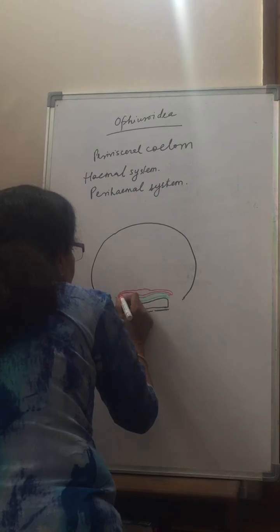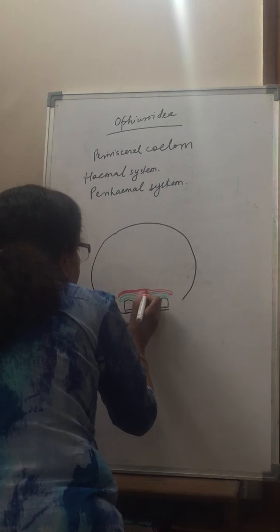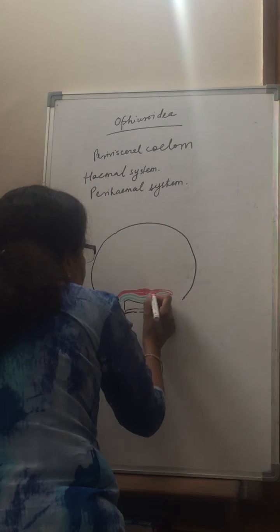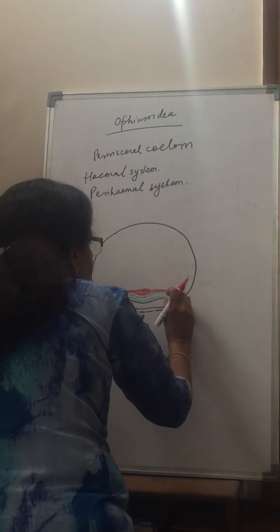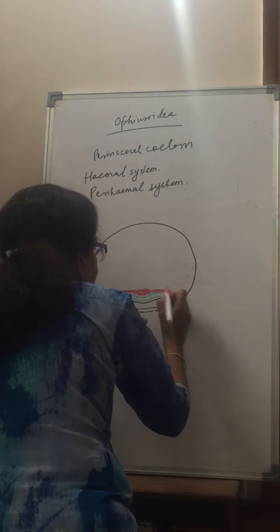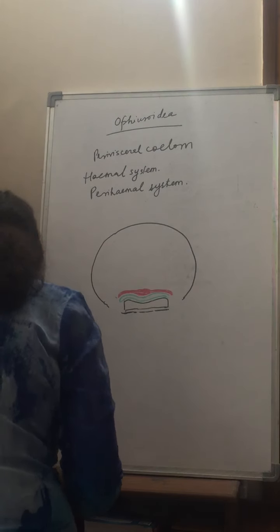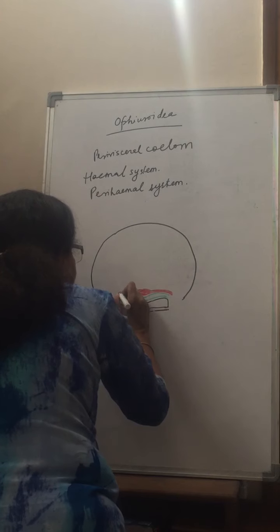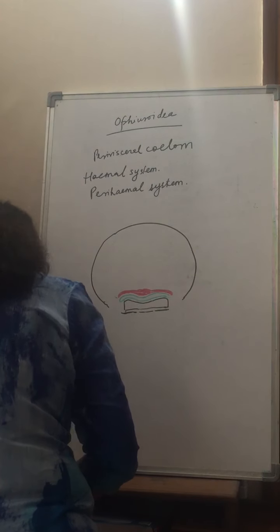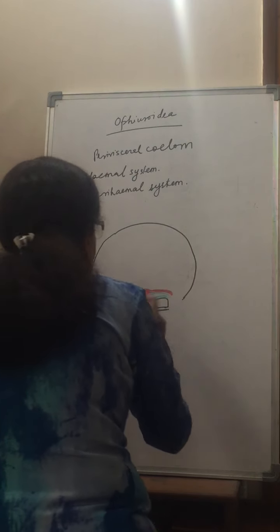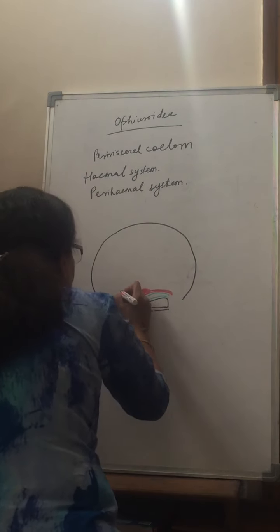A nerve has neurons and nerve fibers, so we always show it as a solid structure. This is the radial nerve which is there. So above the radial nerve we have the perihemal sinus. Let me make it in black again.